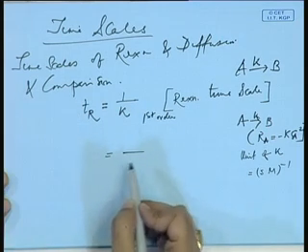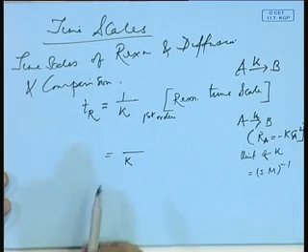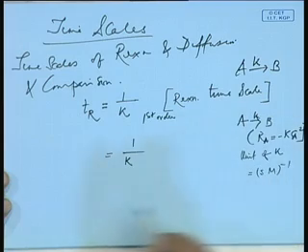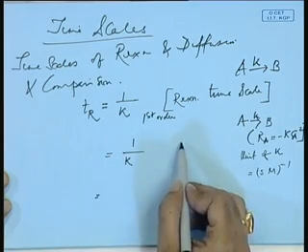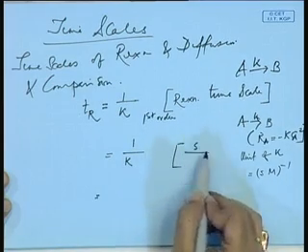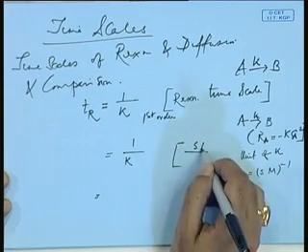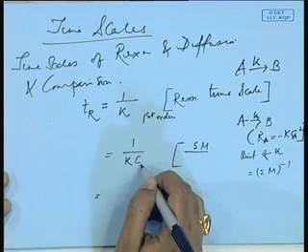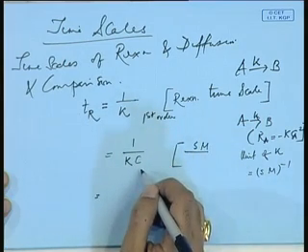So, if this is K, the unit becomes second times molar, right. So, you have K C, and you have to divide by molar to get time.